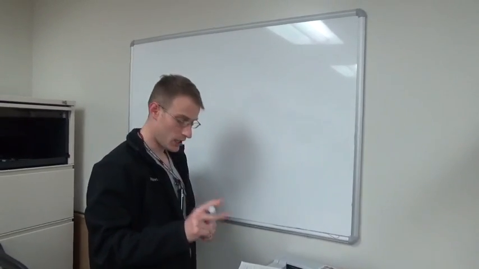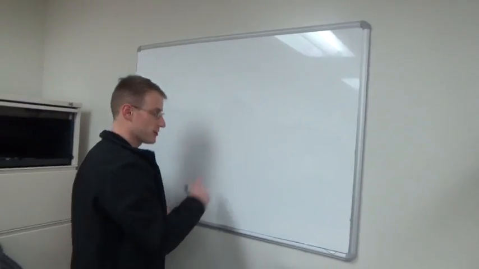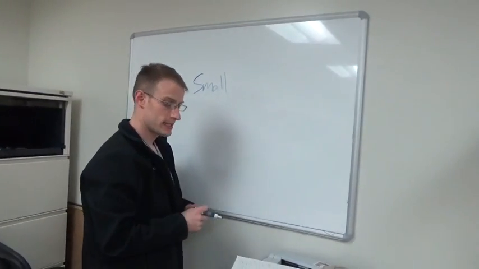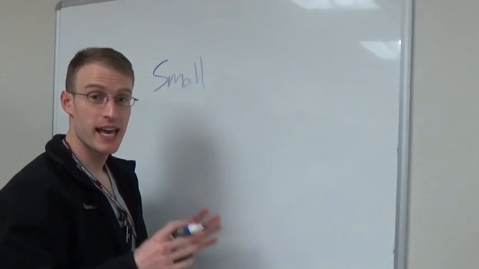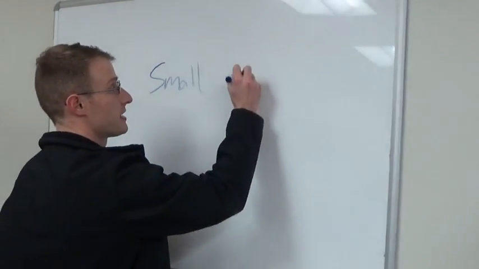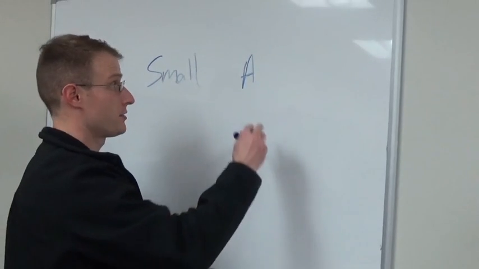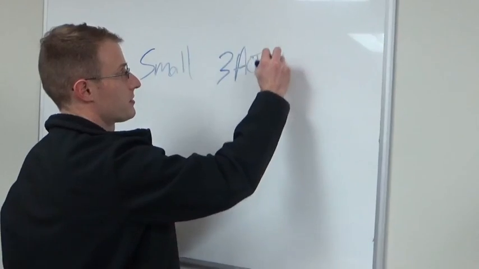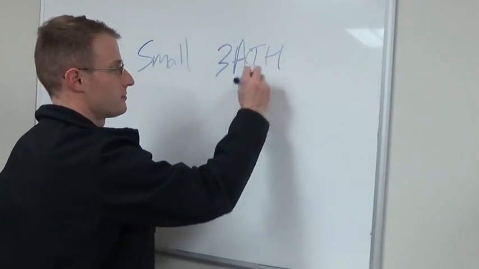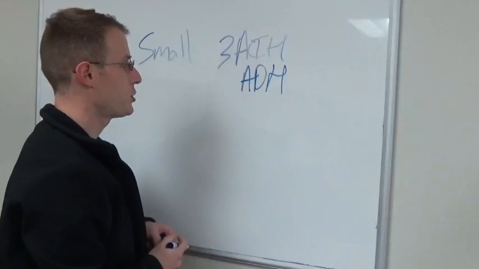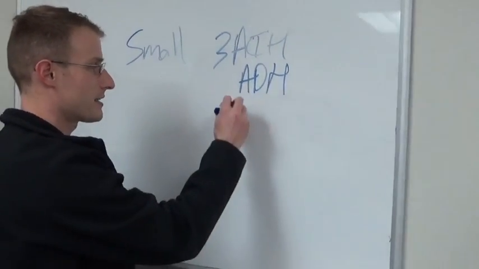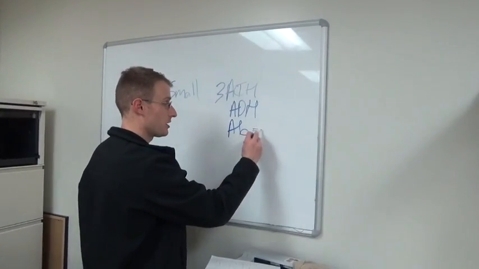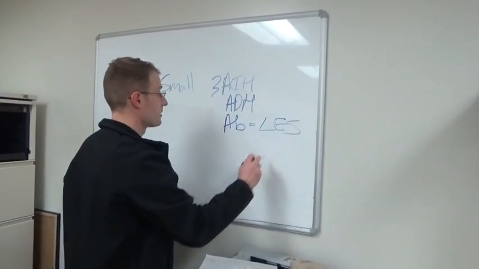So 2 quick points on lung cancers. Associations. Small cell, you probably all remember this, has the 3 A's. In terms of paraneoplastic syndrome, it has ACTH, ADH leading to SIADH, as well as antibodies against calcium receptors, which causes Lambert-Eaton syndrome.